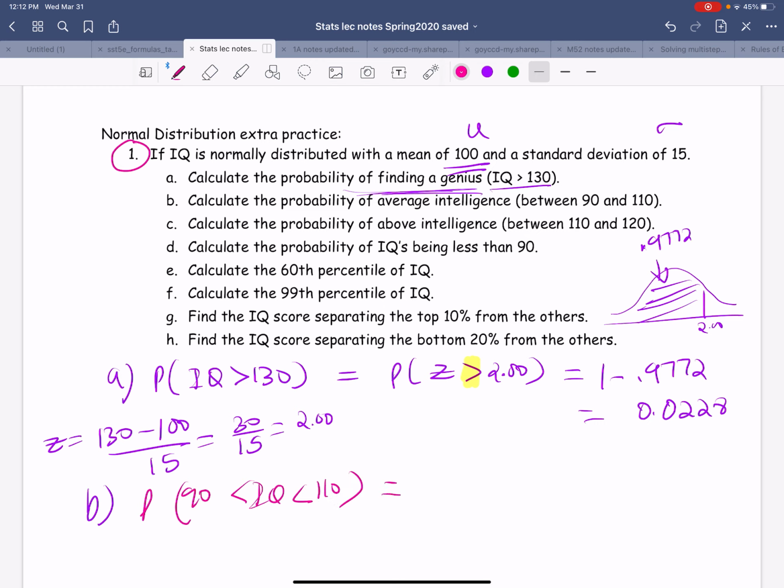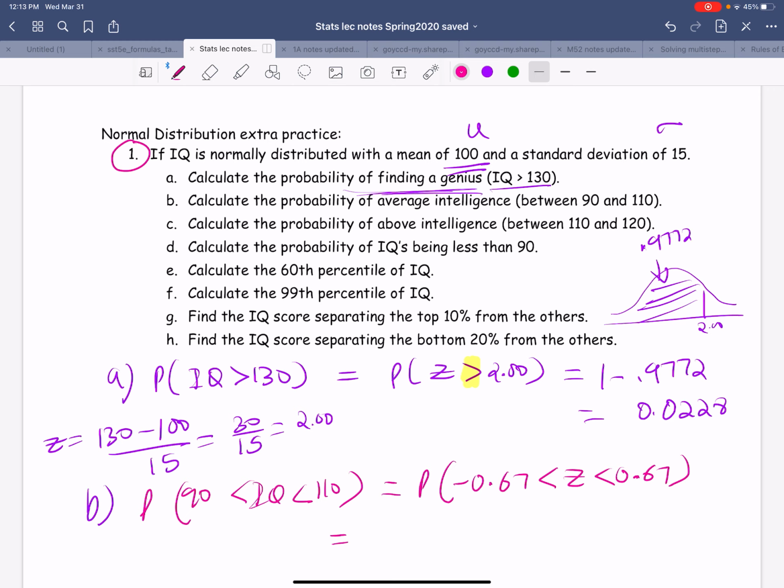We need to find the z-score for 90 and 110, and that's going to be negative 0.67 and positive 0.67. Probability, the area between negative 0.67 and positive 0.67. What's the area between negative 0.67 and positive 0.67?